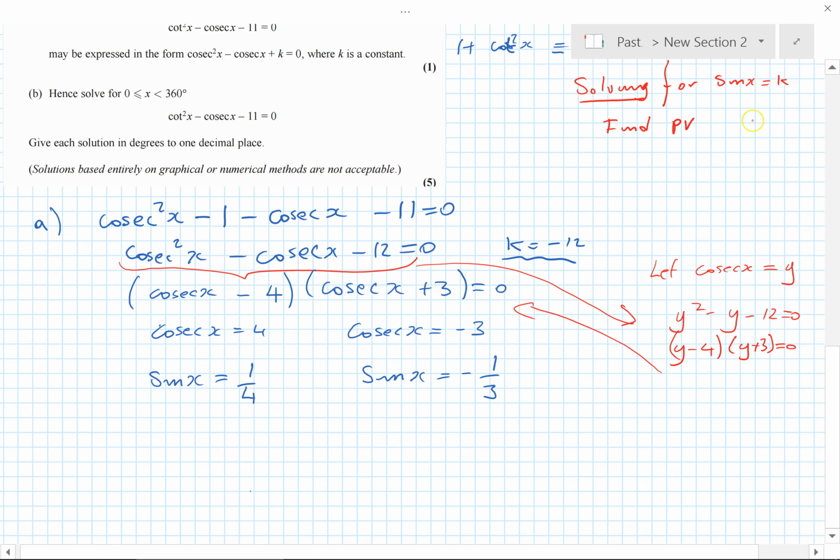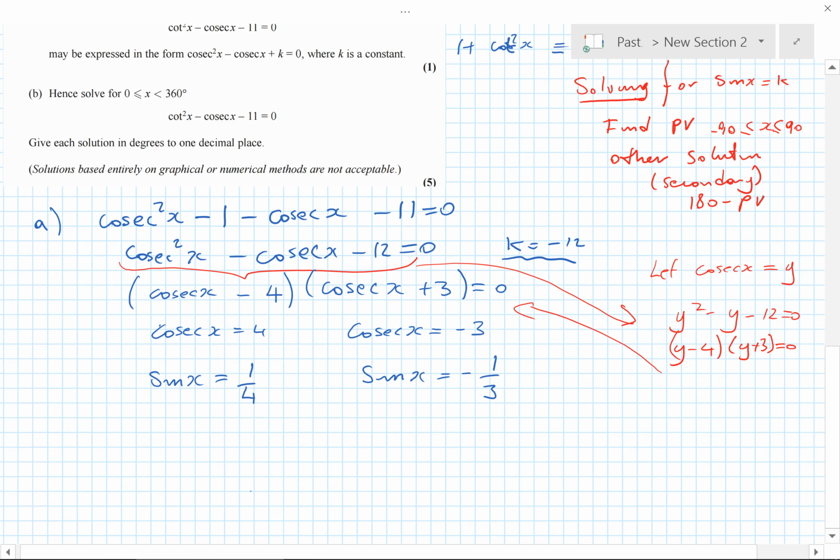It's going to be the value that lies between, in this case, minus 90 and 90. You find that principal value, and then you find the other solution, or secondary, sometimes called, for sine, which is 180 minus that.